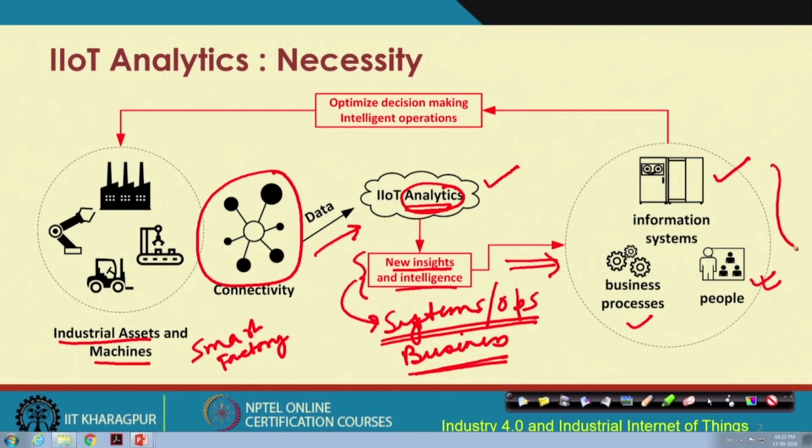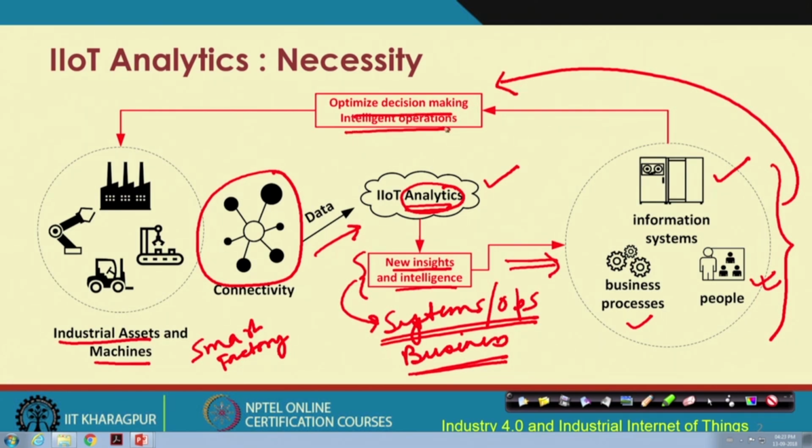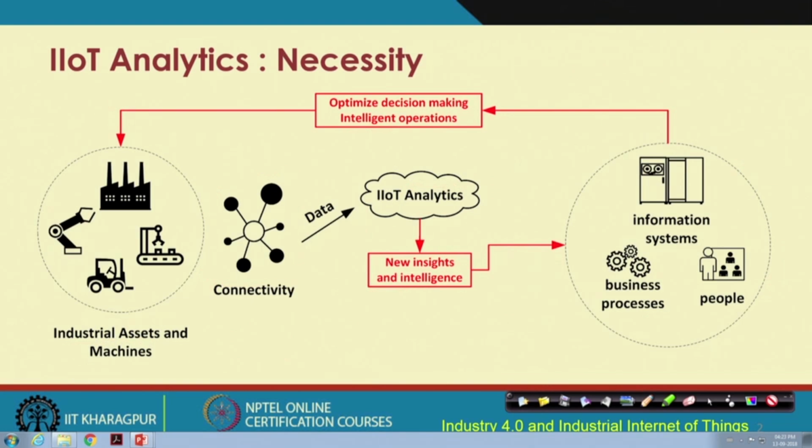Any of them could help further to feedback and provide optimal decision making and intelligent operations, and those decisions are again fed back to these machines for improved operations, improved decision making and further intelligence and so on. So, this is more or less the cycle where analytics finds a lot of use, and the core thing over here is to derive new insights and intelligence for which these different methods of analytics are going to be used.